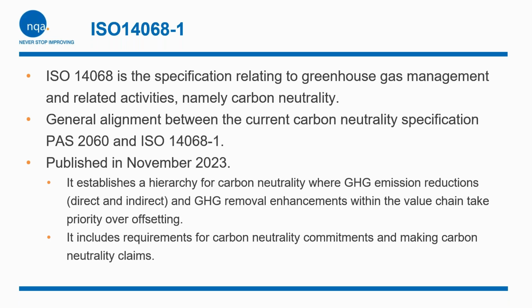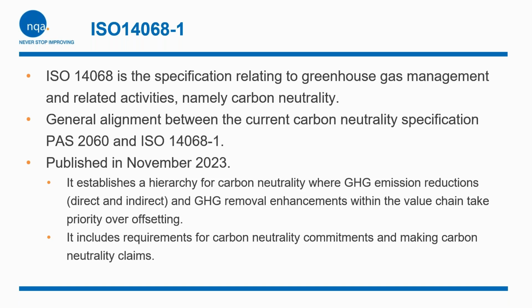It establishes a hierarchy for carbon neutrality. This is where it's slightly different, where greenhouse gas emission reductions and greenhouse gas removal enhancements take priority over offsetting. One of the criticisms that is sometimes levied at PAS 2060 is that it can be all about offsetting. Now, I would disagree, because we put just as much effort into looking at the reduction strategy as we do in just buying a load of carbon offsets and saying, here you go, there we are, we're carbon neutral.